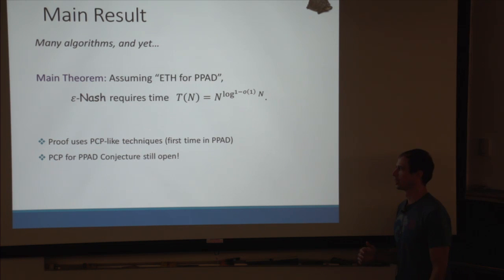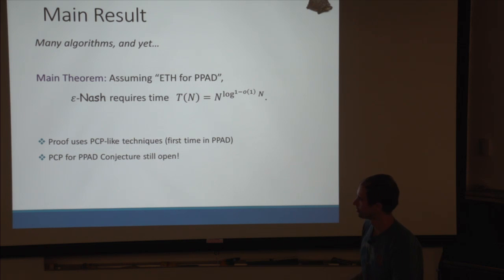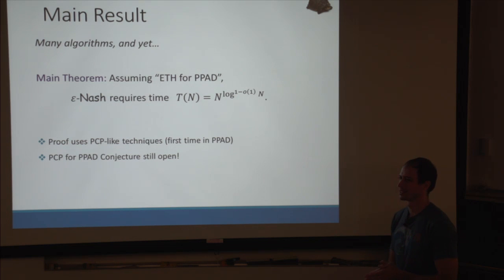But this PCP for PPAD conjecture is still open. You can ask more questions about the theorem statement later. The contrapositive statement is: if you have a polynomial time algorithm for epsilon Nash, then you can compute End of the Line in 2 to the root n time.